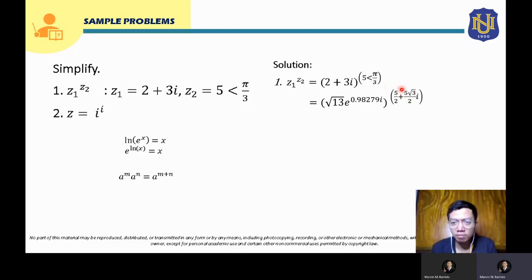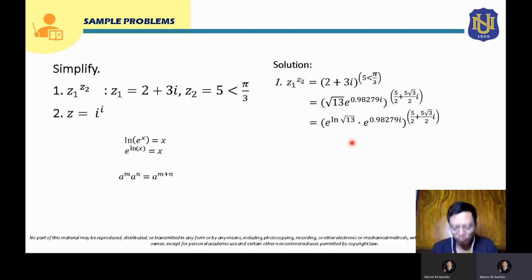So your real part will be 5 halves, right? And for your imaginary part, that will just be 5 sine of pi over 3. So that will be 5 times square root of 3 over 2. So this will be the imaginary part, and this will be the rectangular form of this polar form of complex number. So from here, we can now simplify this.